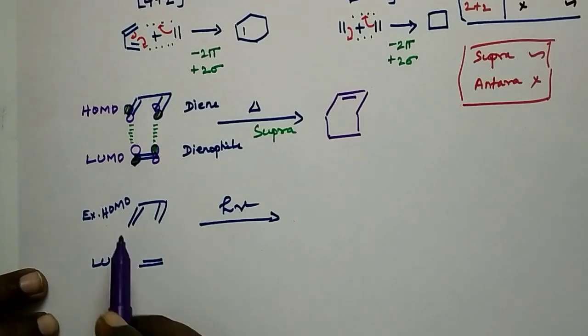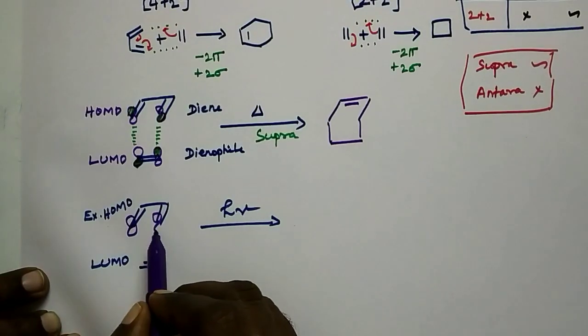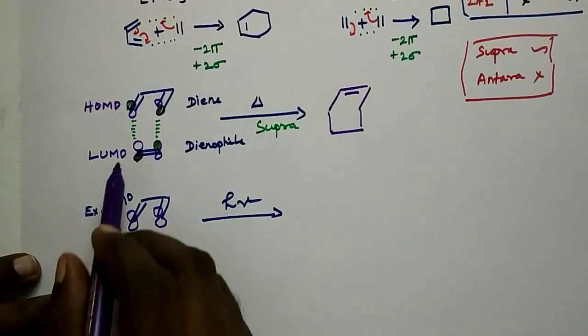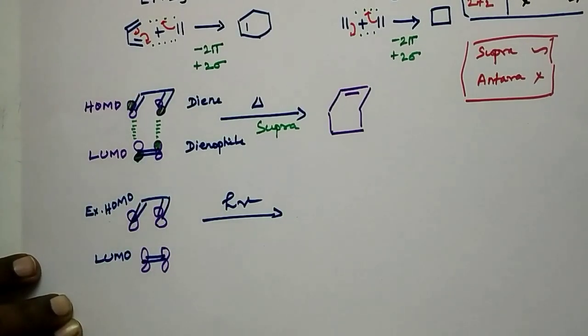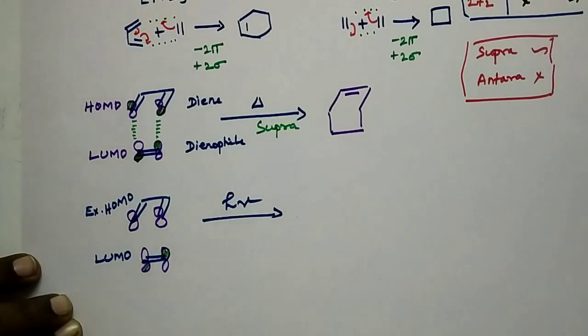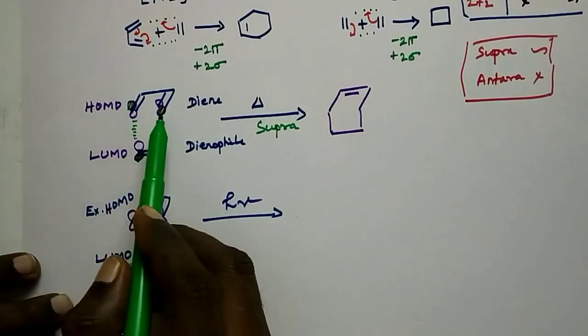Now, how to draw the excited HOMO? Excited HOMO is nothing but LUMO, as I said. So excited HOMO is nothing but LUMO, and the LUMO you can draw as it is. Here you have already drawn the LUMO. Same way you draw it. But this excited HOMO, I mean LUMO, how can we draw? See, HOMO is asymmetric.